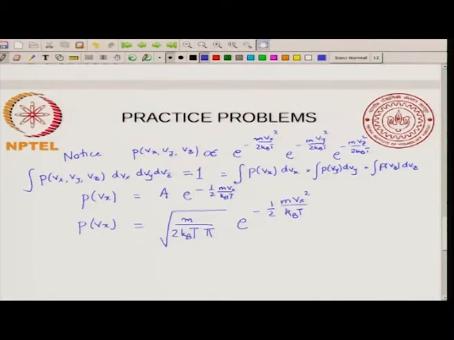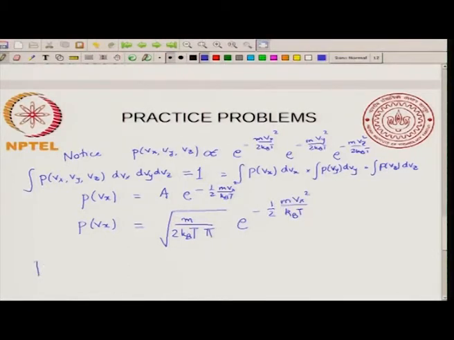Again, we took this a from a usual Gaussian function. If you had e to the minus a x square, then the normalization constant is the square root of a by pi. So, here instead of a you have m by 2 kBT, and that is what I replaced a by. Now we have the normalization constant for Vx, and we can do similarly for Vy and Vz.